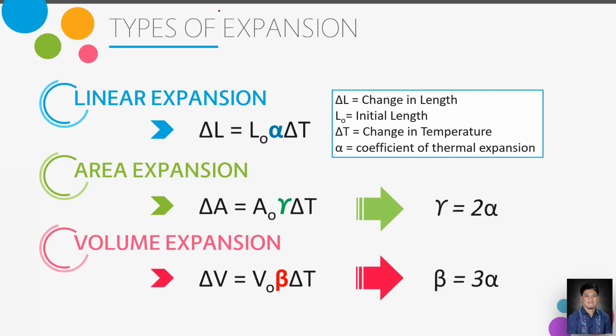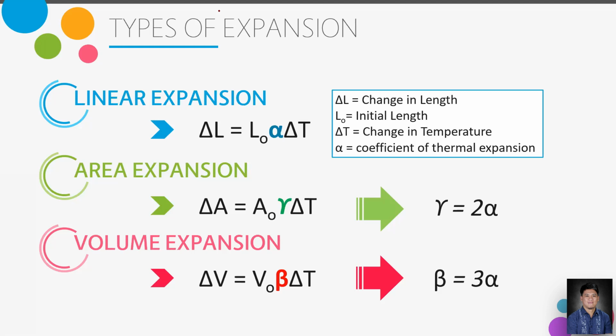For area expansion, we will use delta A, or the change in area, is equal to the initial area times gamma times the change in temperature. Gamma is equivalent to 2 times alpha. So, sir, why do we multiply alpha by 2?